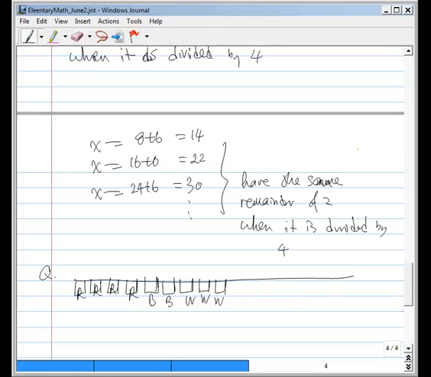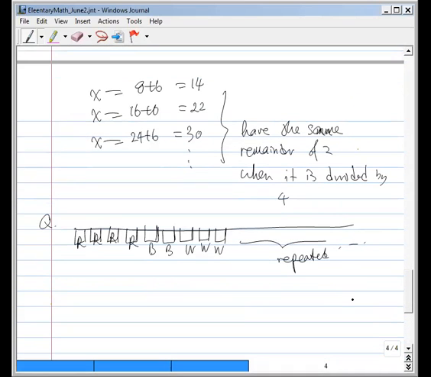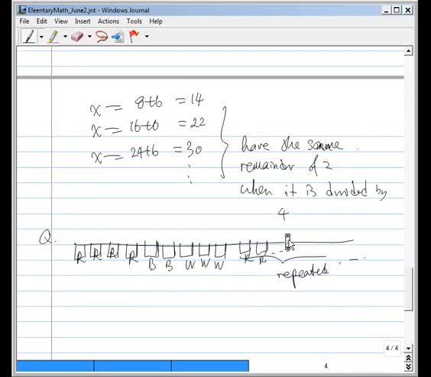Then I repeat it, okay? The pattern is repeated forever, so the next one is always also R and so on. It's repeated. My question is, what color is the 100th flag?